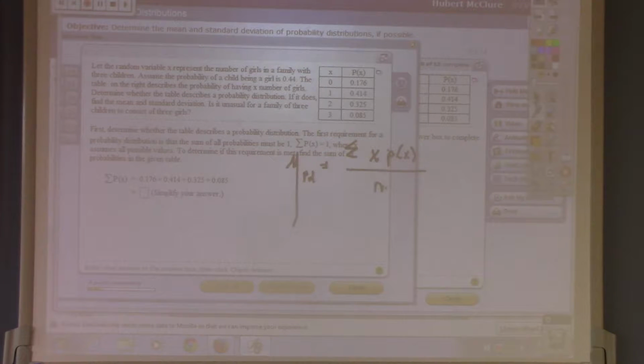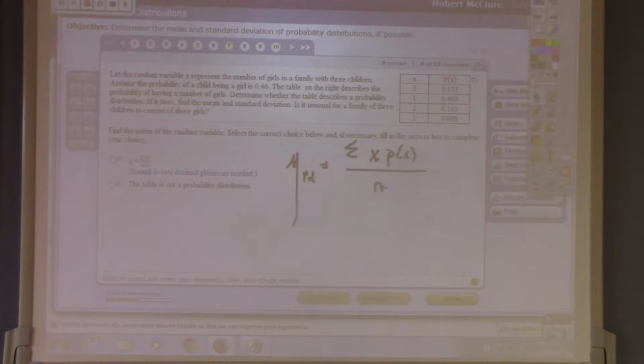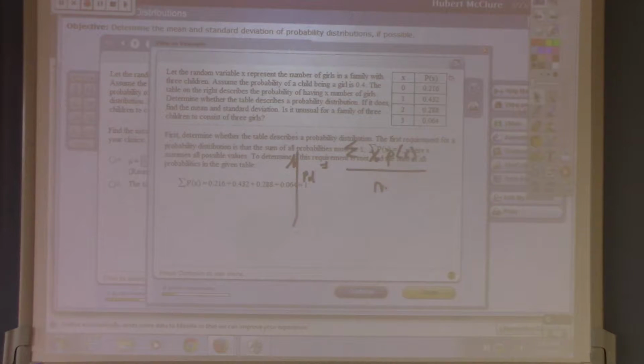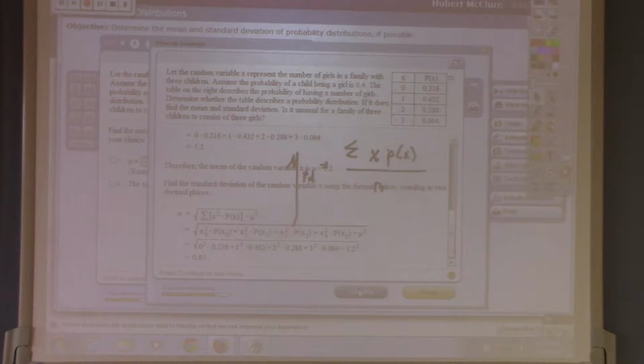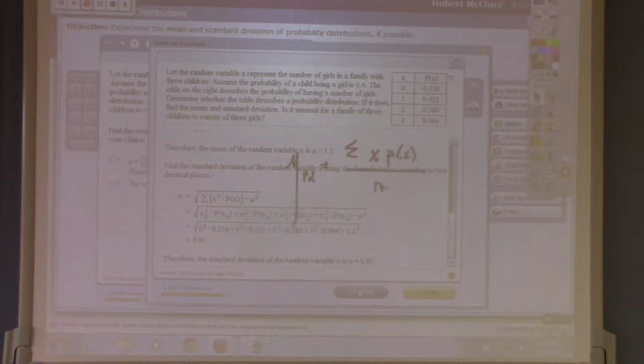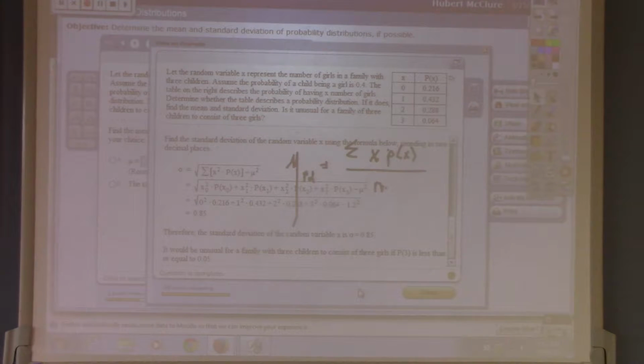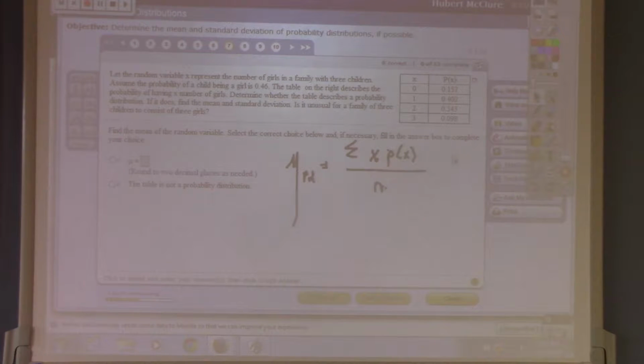Usually they give you a formula. See, they usually give the formula right here. Give you an example. Can't do that one. They didn't do it. Still not giving you the formula. Okay, so I'm going to have to give it to you.